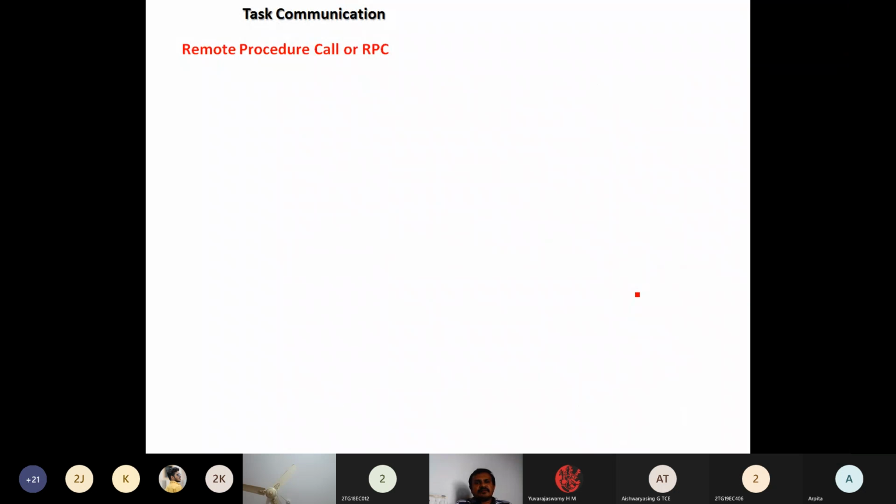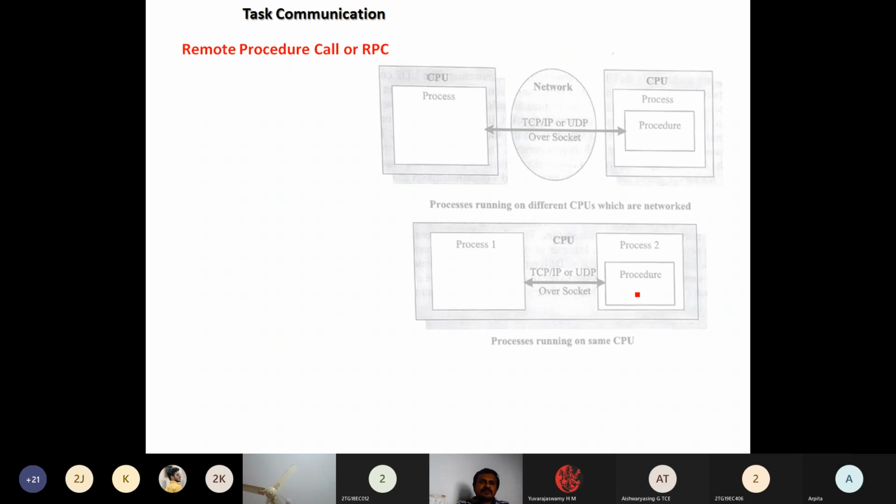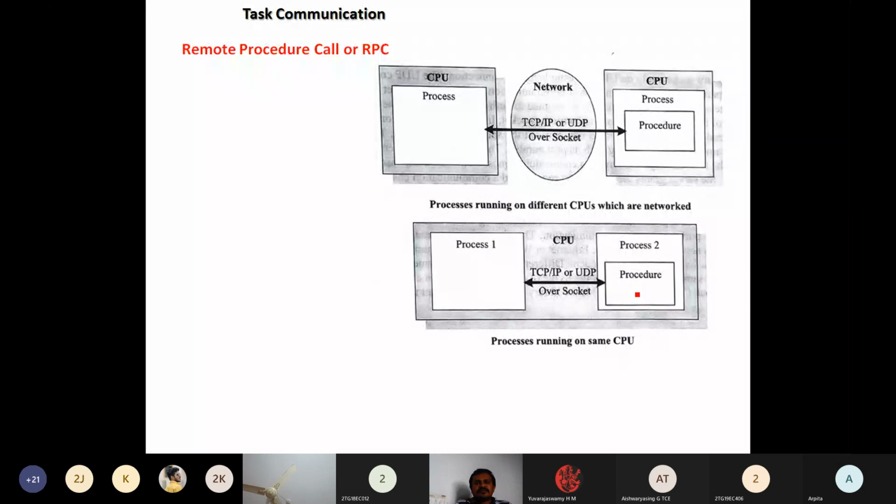Here, another concept is remote procedure call or RPC. Here we can observe it is between processes over the internet, over the network, or within the CPU. The processes which are running on the same CPU are going to utilize the concept of network using the network protocols. It may be TCP or IP or UDP over sockets.